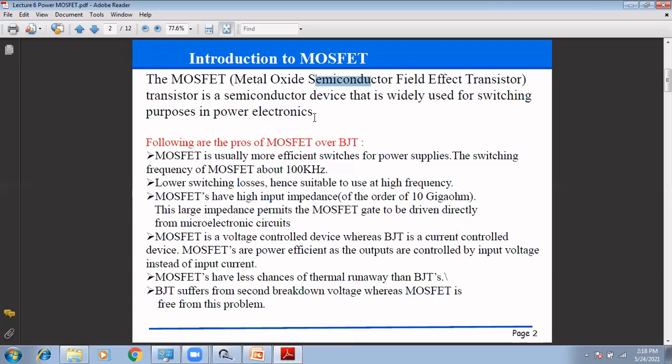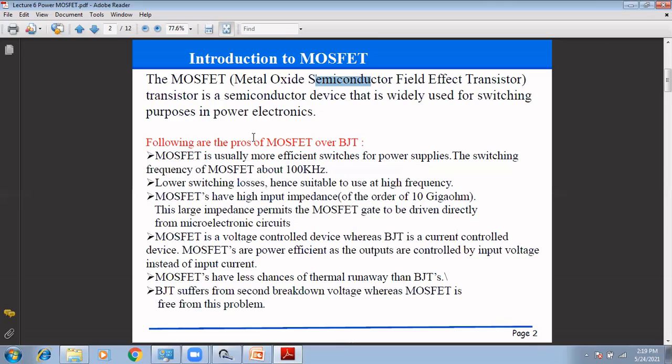There are other elements in power electronics to work in switching applications, like the BJT or other elements. But as compared to the BJT, the MOSFET has more advantages and is superior. Now, how is it beneficial over the BJT?